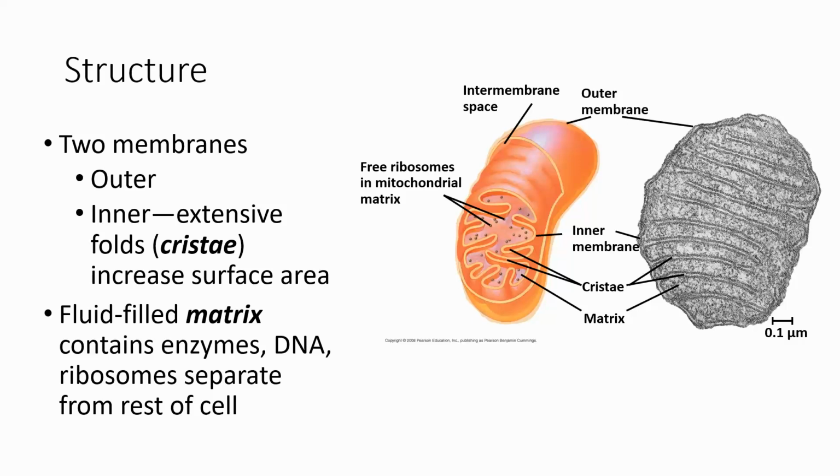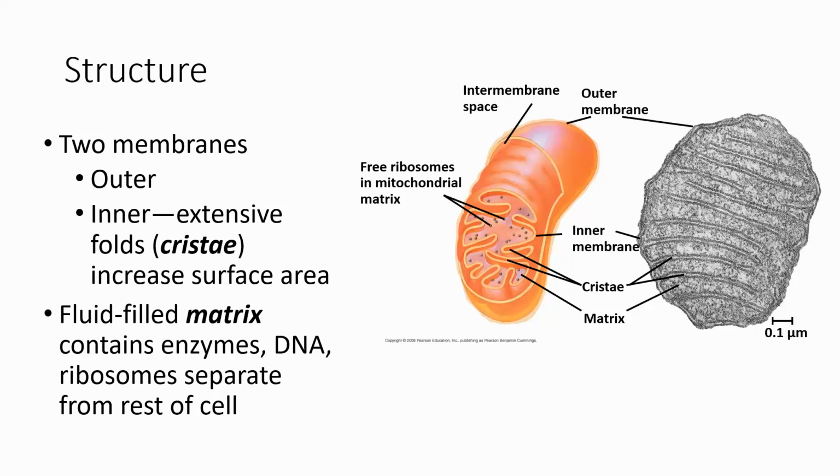They have two membranes, an outer membrane and an inner membrane. The inner membrane is highly folded, and in there it's got a matrix that contains not only enzymes, but also separate DNA from the rest of the cell.